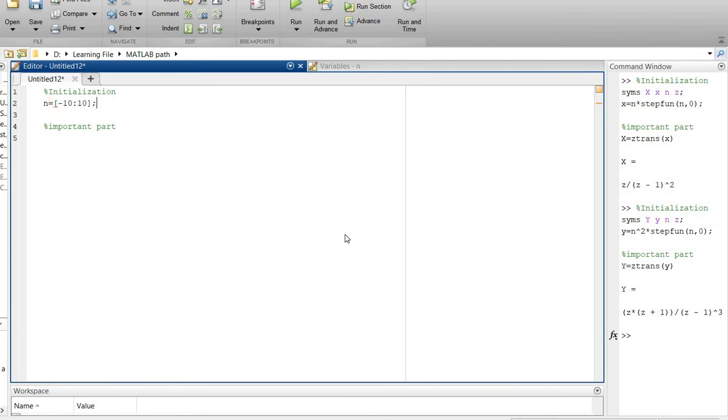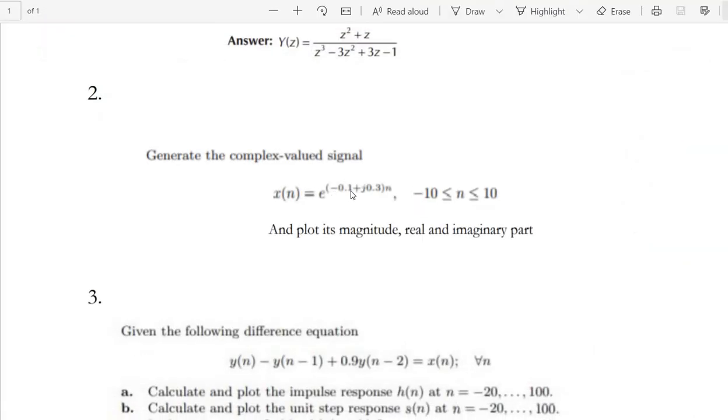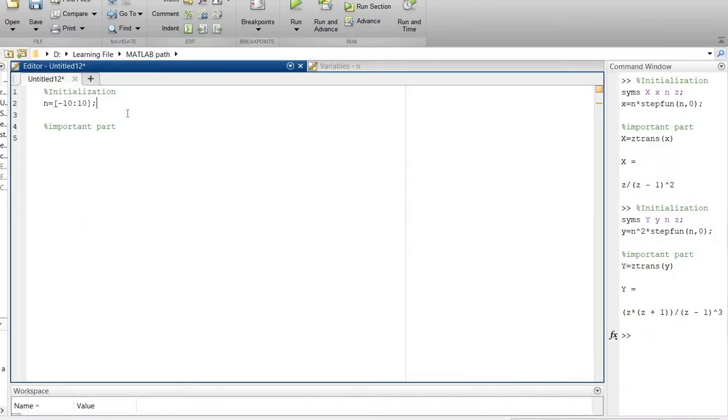And with regards to this exponent, -0.1 plus 0.3, we're going to place the j after the 0.3 in MATLAB so that we wouldn't encounter the error. Okay, so I'm going to set this equal to letter A so that the code will be much cleaner.